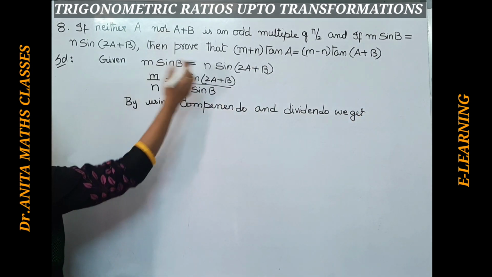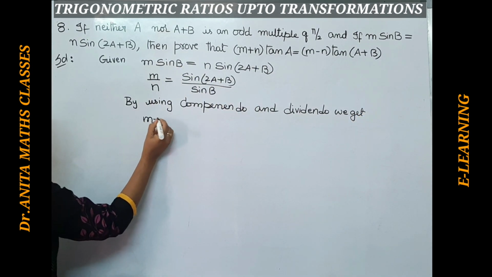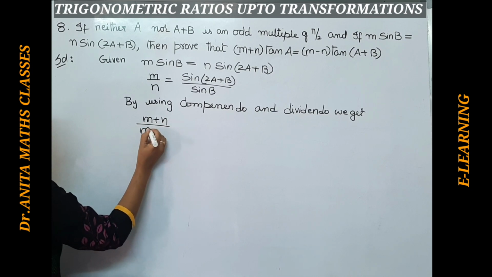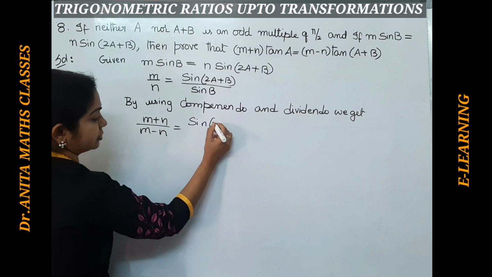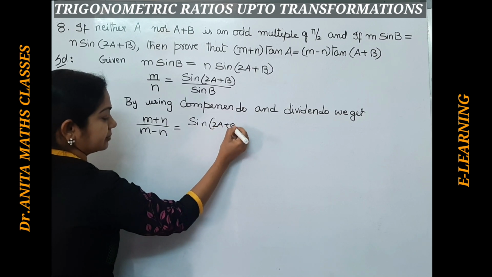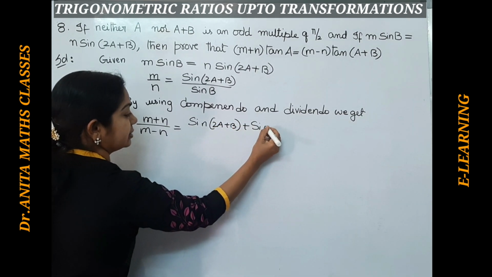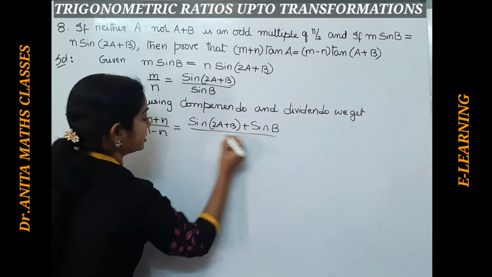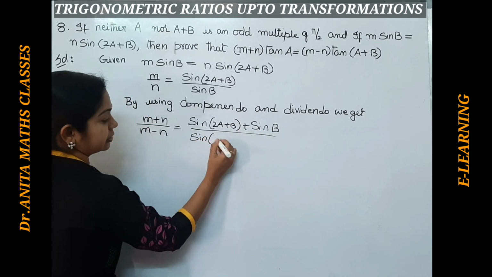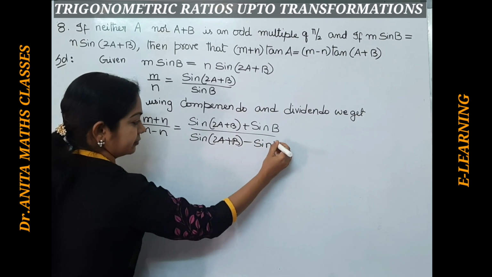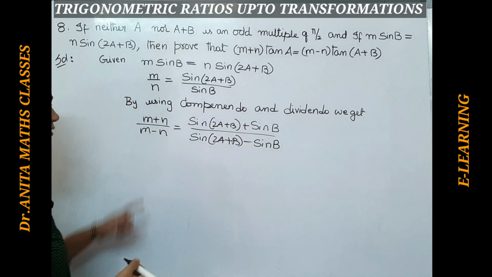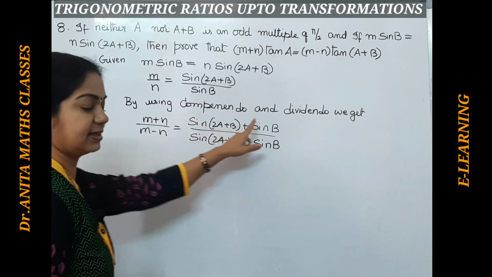applying on both sides, (m plus n) divided by (m minus n) equals sine of (2A plus B) plus sine B, divided by sine of (2A plus B) minus sine of B. So we have applied componendo, plus and minus.